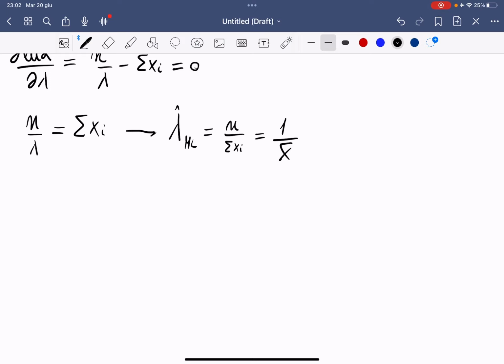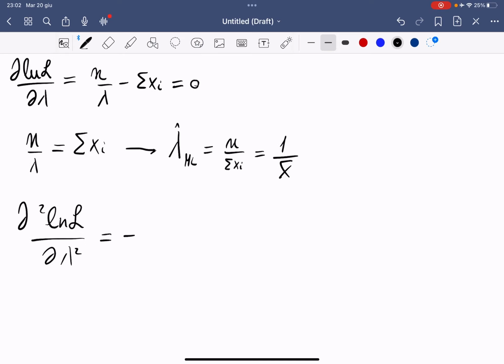So we are taking the second partial derivative with respect to lambda, that will be equal to minus n over lambda squared, that is less than 0. So the likelihood function is concave on all the domain, so we are sure that it is maximized at lambda of the maximum likelihood.